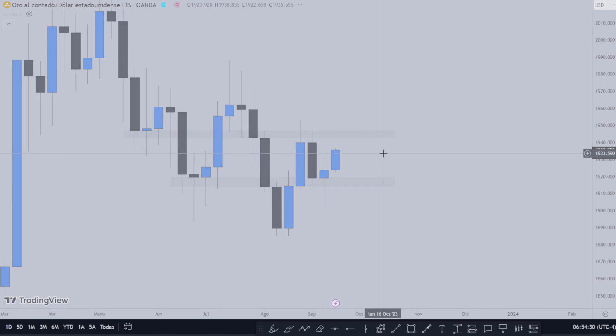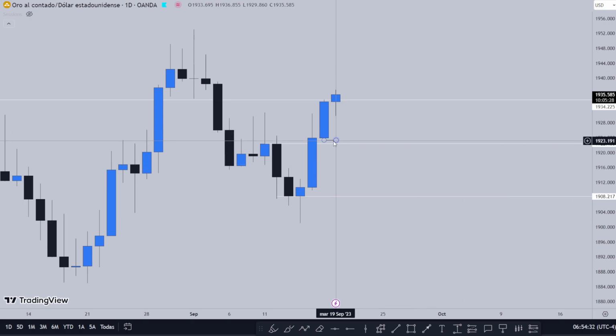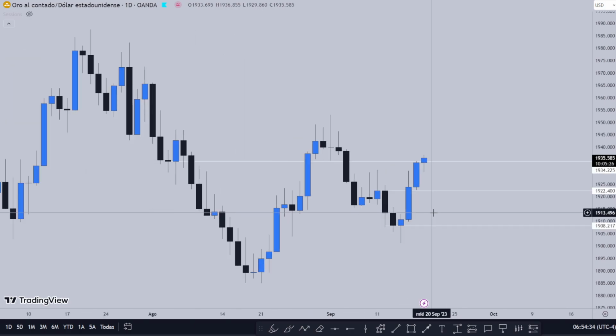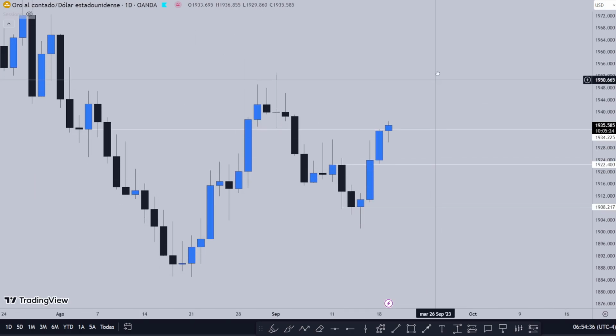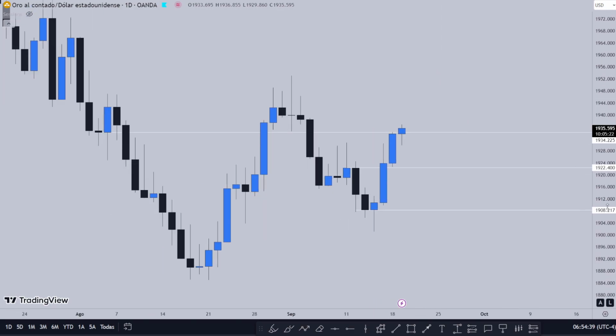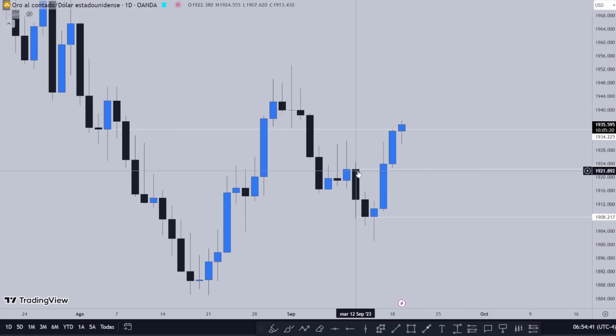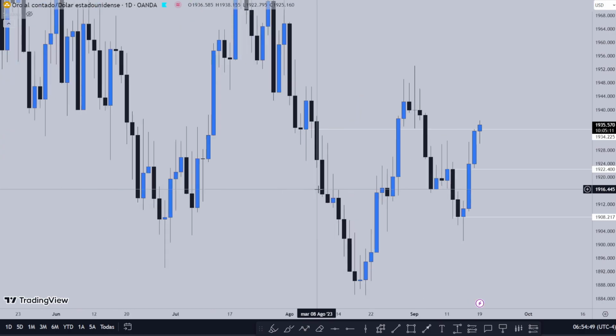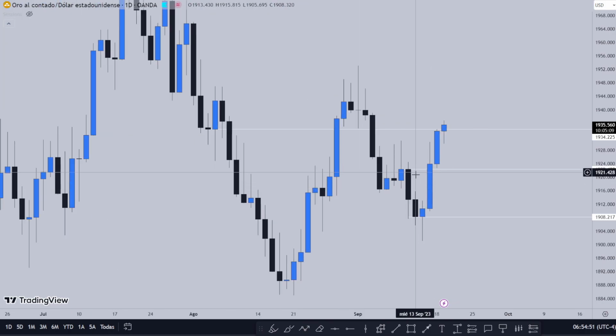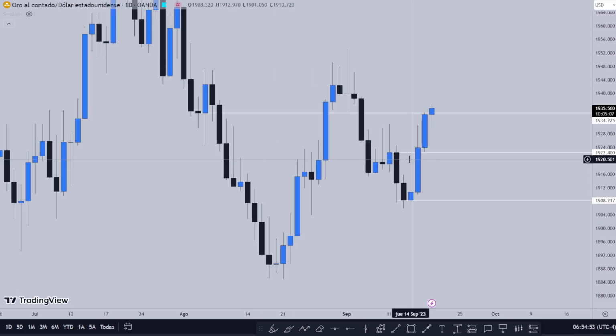Right. Let's go straight to the daily. Now, those are my daily levels. I usually don't change those levels very often, but I try to update it and use the most recent level.